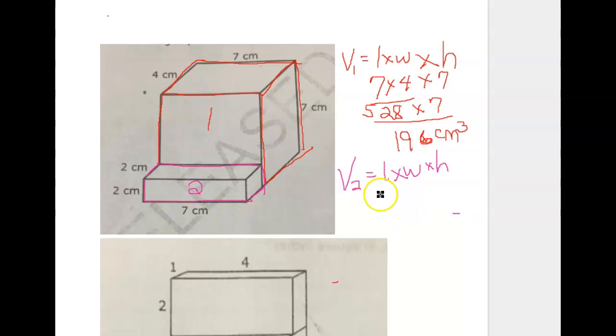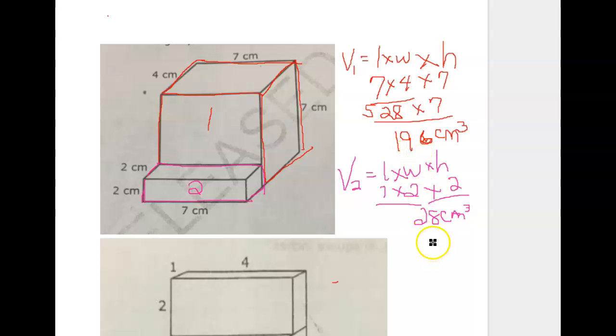So the length is 7. The width is 2 over here. And the height is 2 over here. So 7 times 2 is 14. And then 14 times 2 is 28. So the volume of the second box is 28 cubic centimeters. What we are going to do next is add the 196 and the 28.